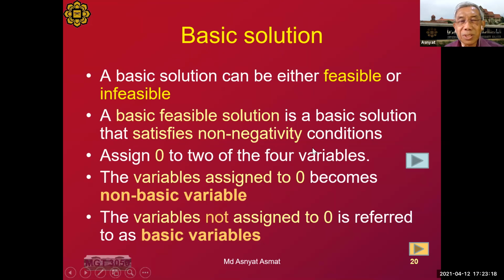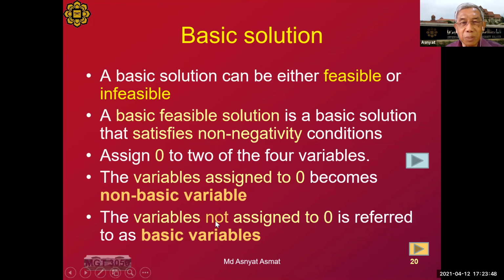So what we do is, just now we have 4 variables to 2 equations, so we assign 0 to 2 of the 4 variables. The variables that we make equal to 0, we call non-basic variables.